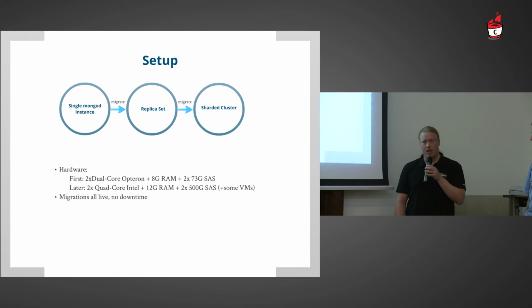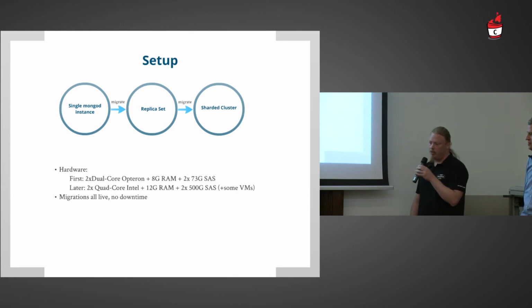Then we noticed, hey, we want to scale our reads. We need this data highly available, right? So we migrated to a ReplicaSet. And after a while, our smallish disks were running full, so we had the need for sharding. And what's quite nice is that all of these migrations we could do live.